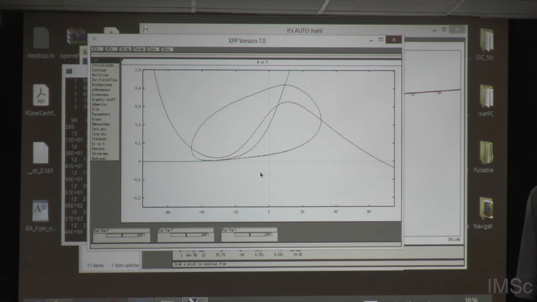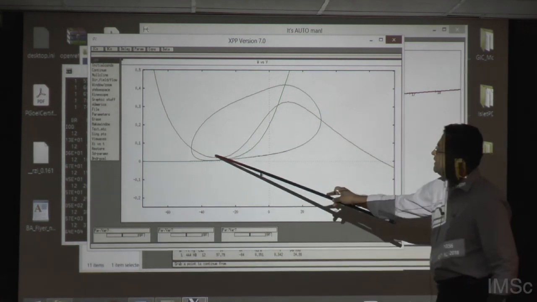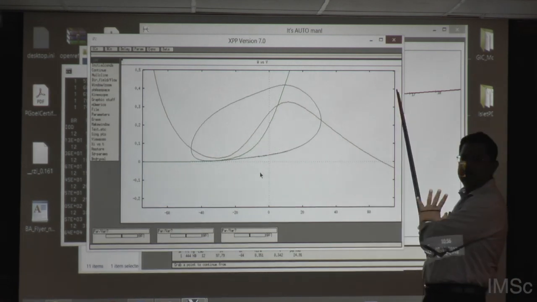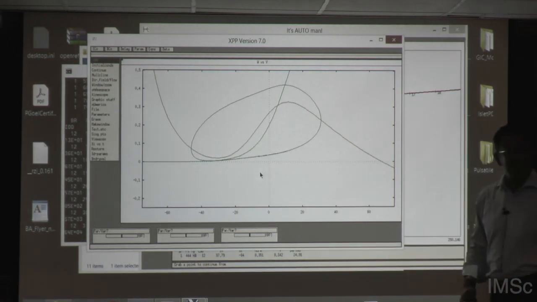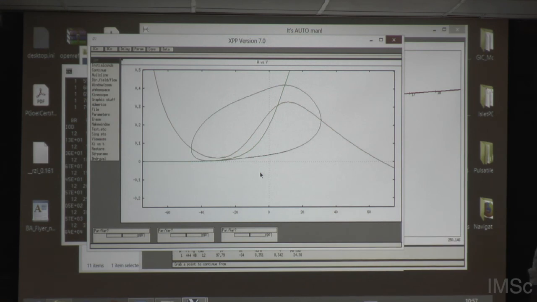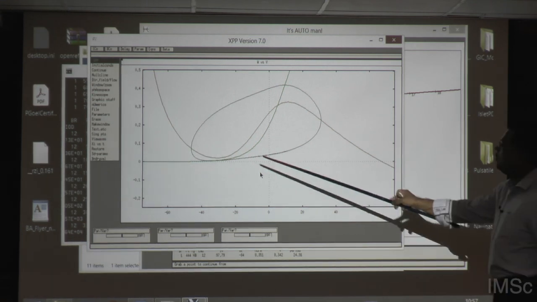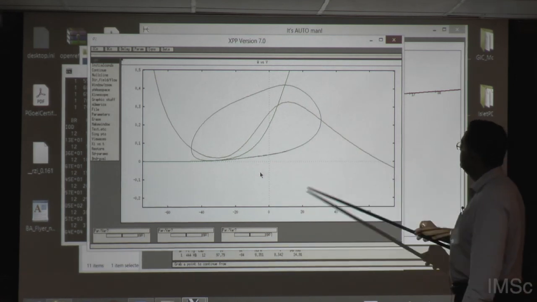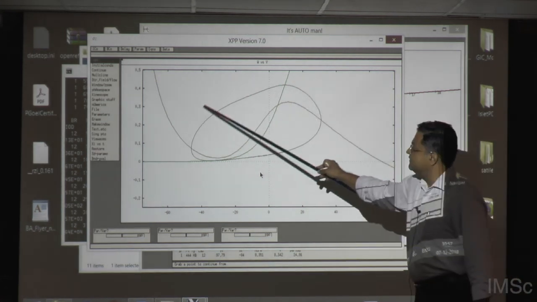Notice that the saddle node is a local bifurcation. That is the picture which you can understand by looking in this region, and you don't care about anything else. The appearance of the periodic orbit is a global phenomenon.